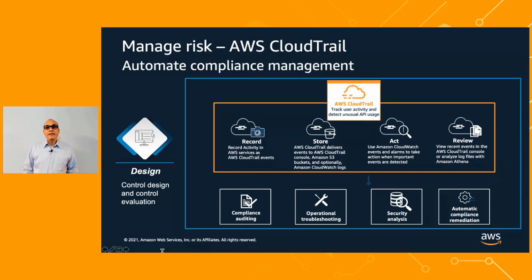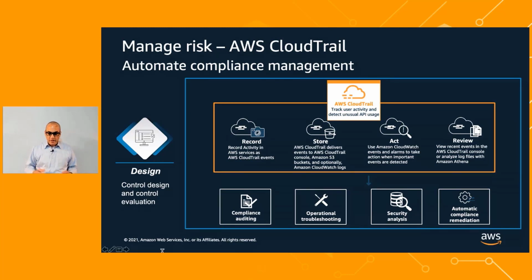So as you can see on that demo, you can customize these controls to your specific needs in your organization. Now, when we talk about compliance, when we talk about meeting audit requirements, we have to talk about CloudTrail. CloudTrail is a very powerful service that is part of that first line of defense of managing risk.